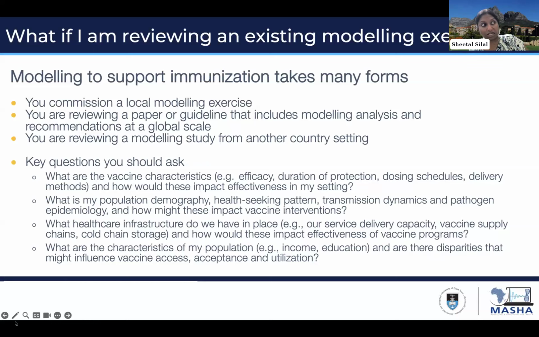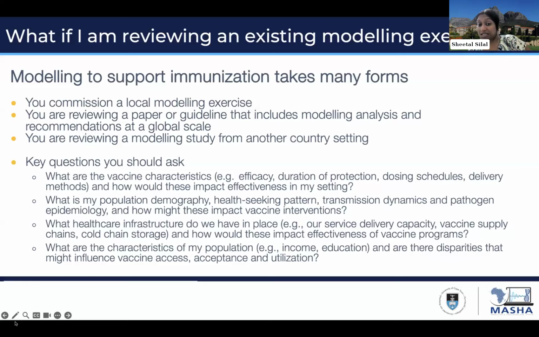So if the recommendation is you have to have this targeted age range with introducing a vaccine X, and it has to be with an SIA, but a follow-up campaign is not necessary. Now, can you take such a recommendation or finding from one study and apply it immediately to your setting with no question?